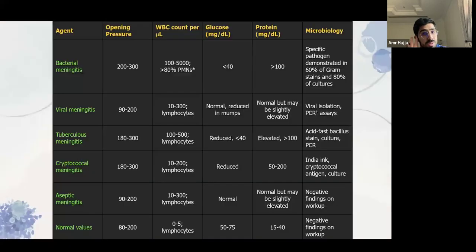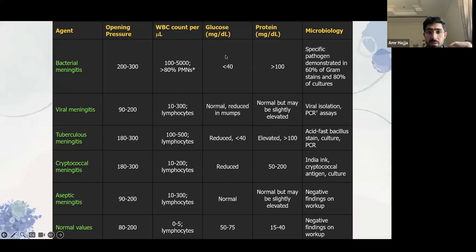But the reason I brought this question is that I want you to differentiate between bacterial, viral, and fungal infections. Okay. And the important thing that makes us differentiate bacteria from others is basically the polymorphonuclear cells, as you correctly mentioned, Maryam, as well as the glucose.